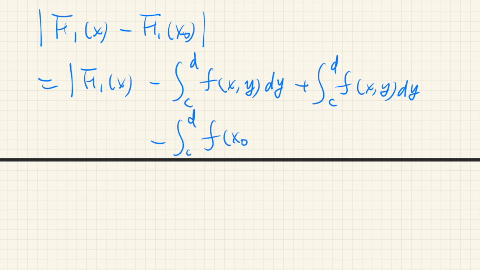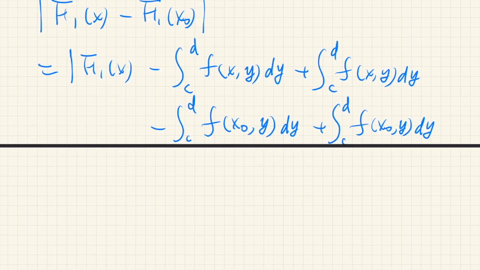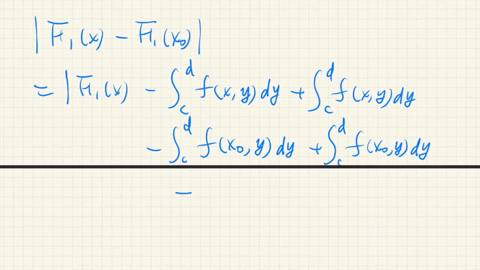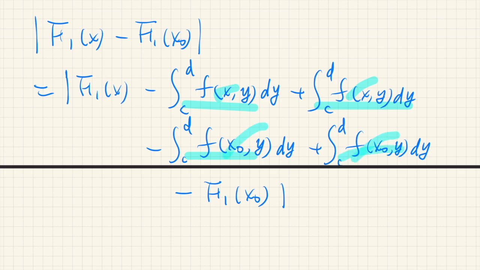This time it's f(x0, y), and add the same thing to cancel. And the remaining term is minus F1 of x0. So this is just equality. We subtract this and add the same thing, so this will cancel, and subtract and add the same thing, so this and this will cancel. So this is the same thing.